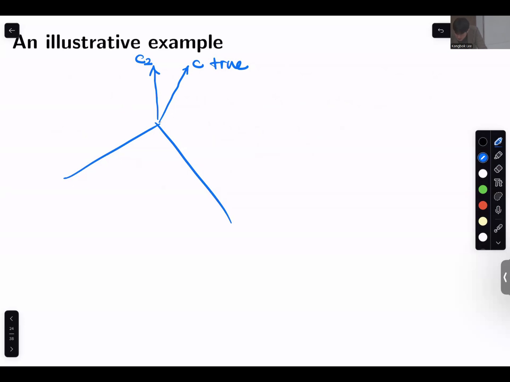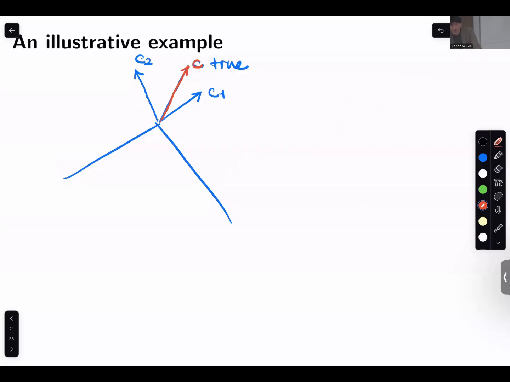And let's try to make it a bit more extreme. This is C1 that is based on prediction 1. So this is the true C vector, but you don't know what it is. Using some prediction, you have two predictors, C1 and C2.